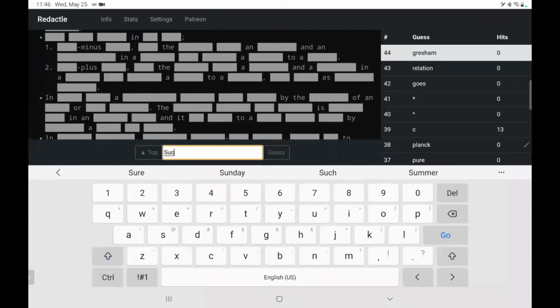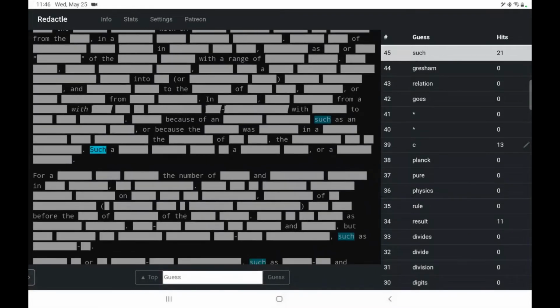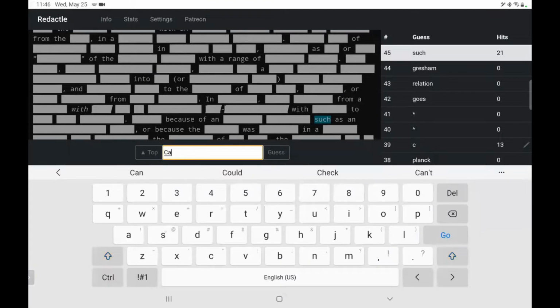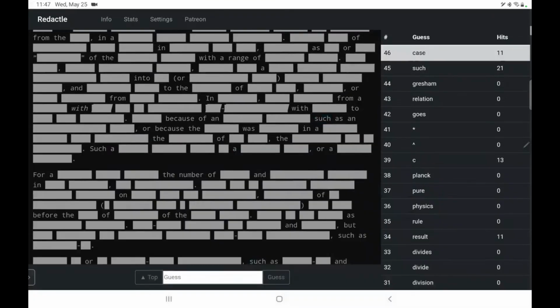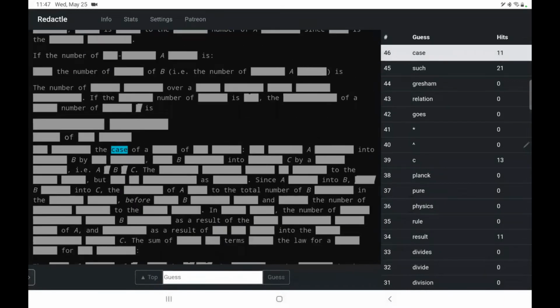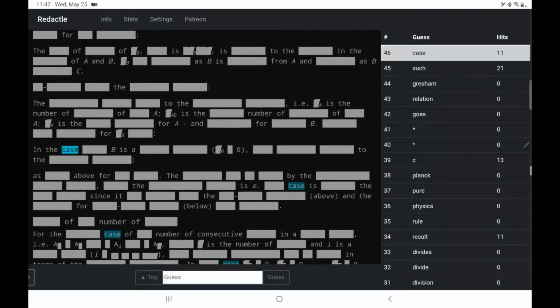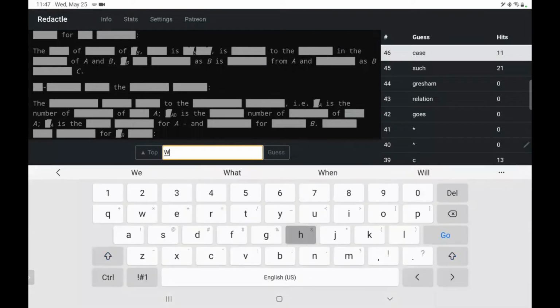Let's try some common words. Such, case. Have we tried case yet? No? In the case where?